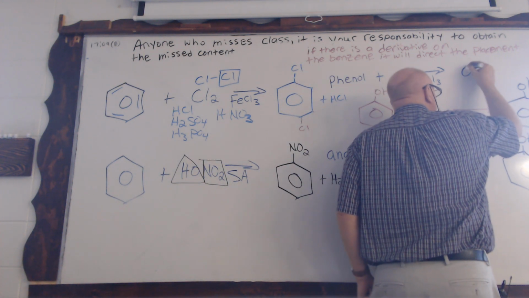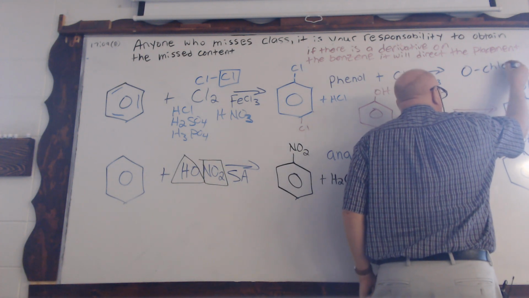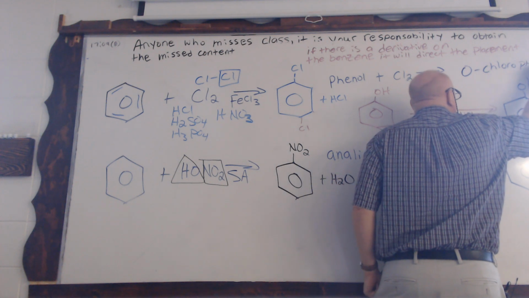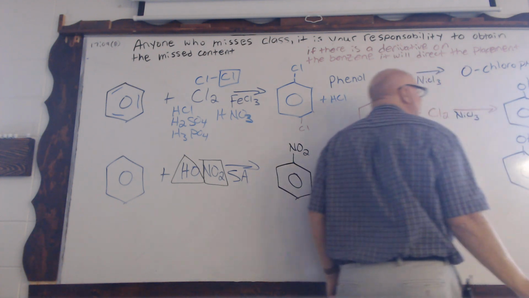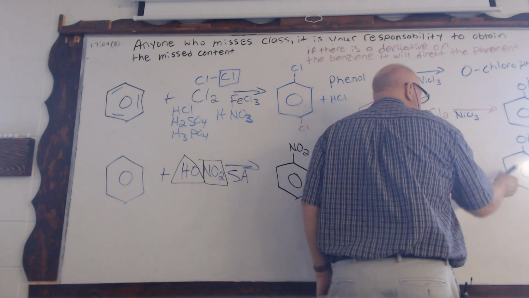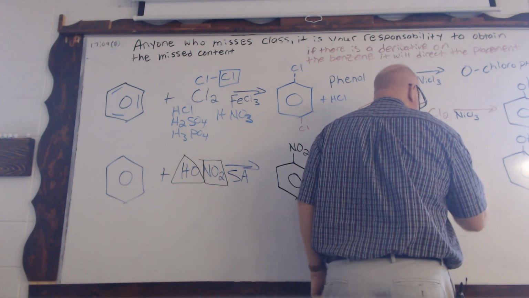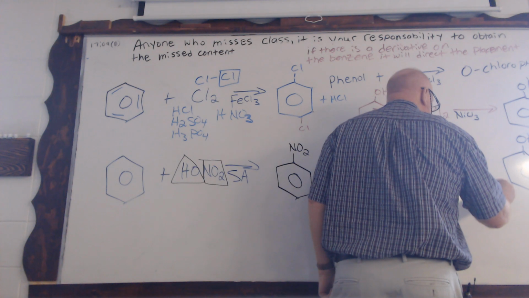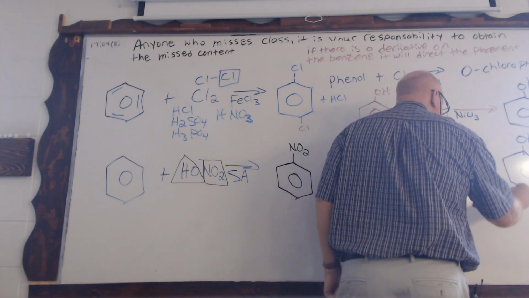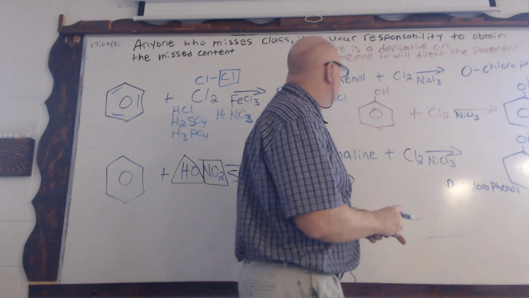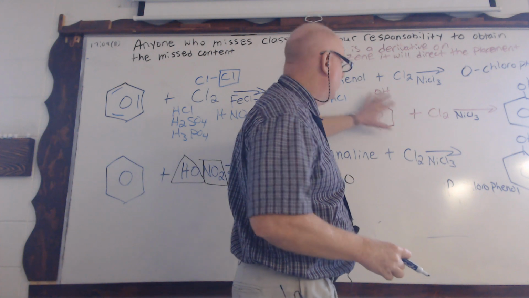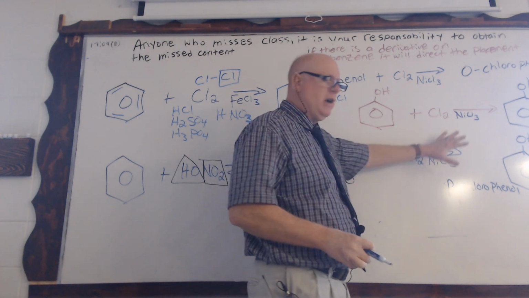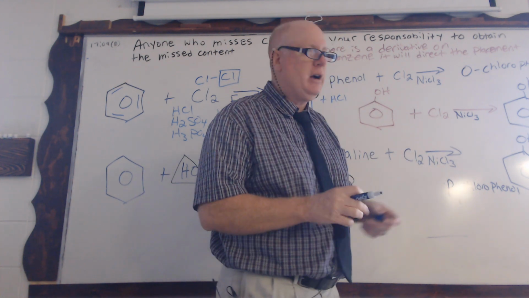That would be ortho-chlorophenol. Okay? And then our other product down here, para-chlorophenol. That's the reason we wanted to do this, just to give you a little bit of perhaps a refresher on how to name these compounds.